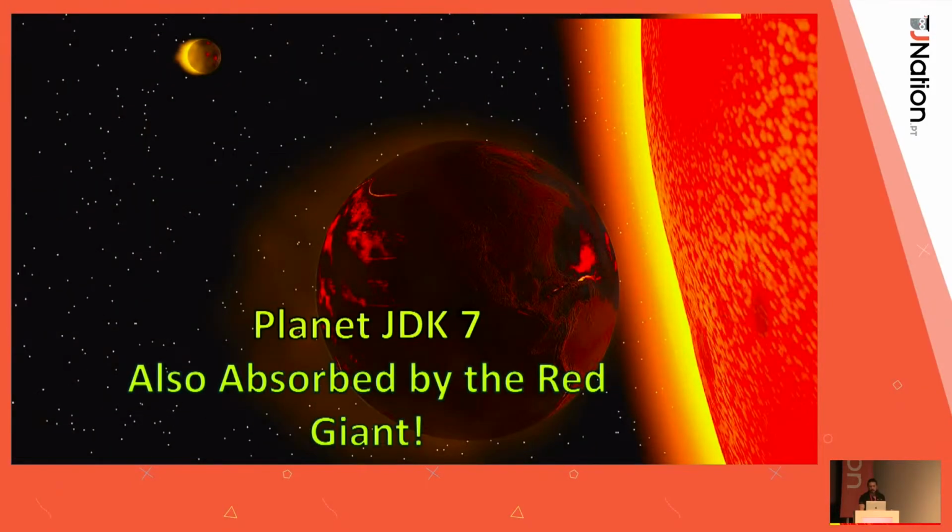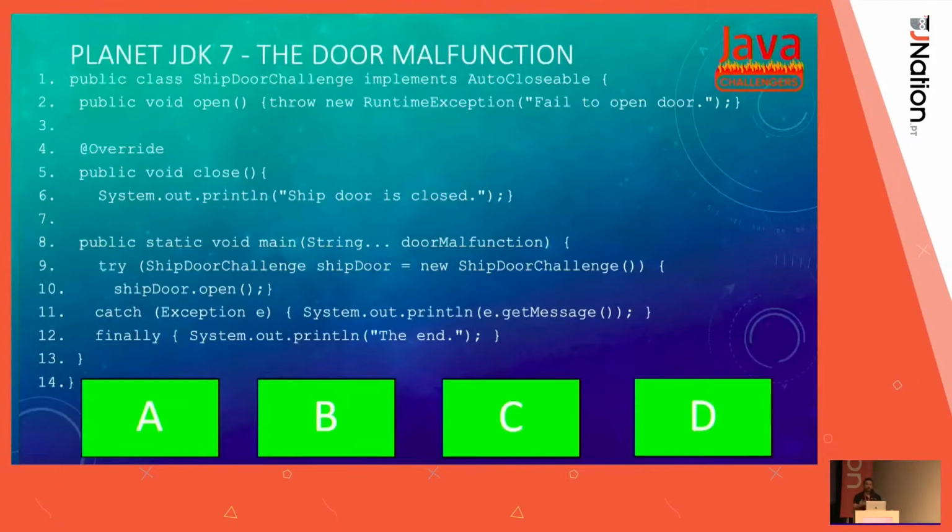Okay, JDK 7. Here, Java was absorbed by Oracle. Why is this feature important? This feature is important because it reduces the boilerplate code. Instead of having to close your resources in the finally block, you can simply use the try-with-resources feature.